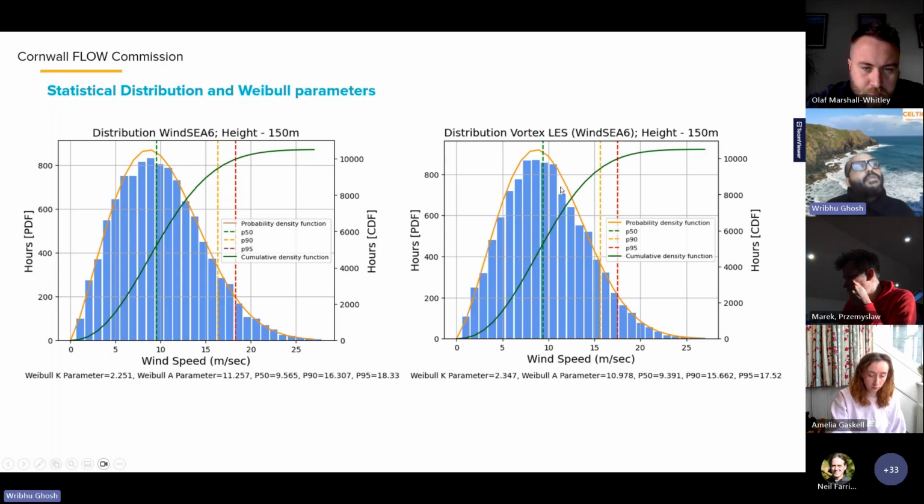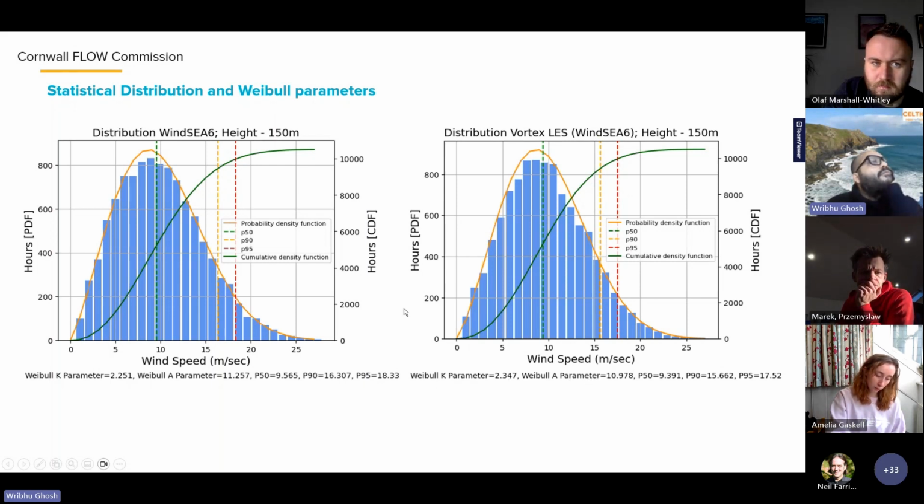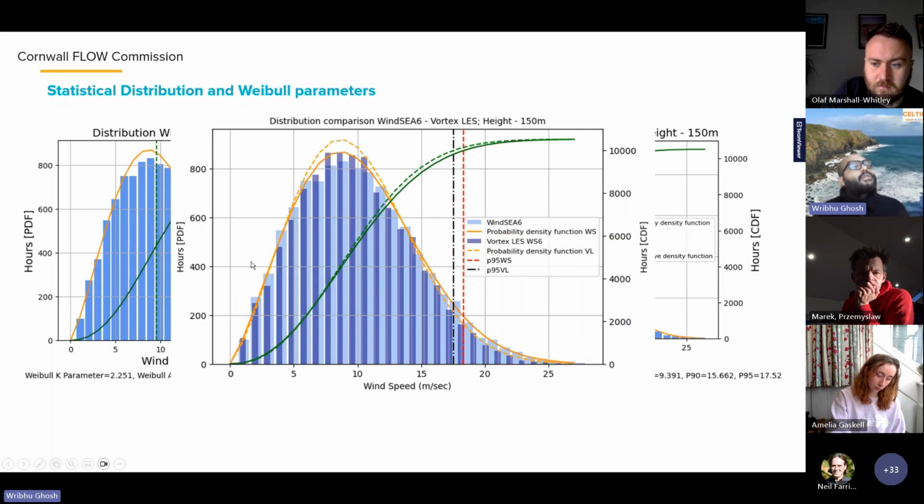We do the same for WinC21, and this is all for concurrent timestamps. There's not much to choose here, apart from slightly less with P95, P50, and the scale parameter. However, if we juxtapose one upon the other, we see the model is predicting a slightly narrower distribution with a slightly higher peak.